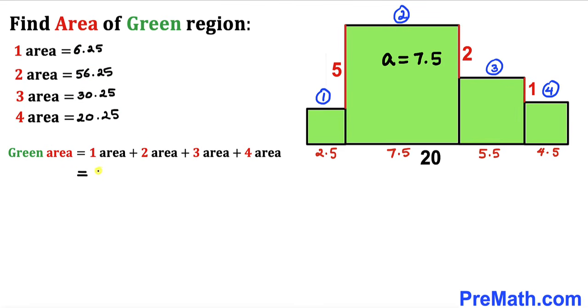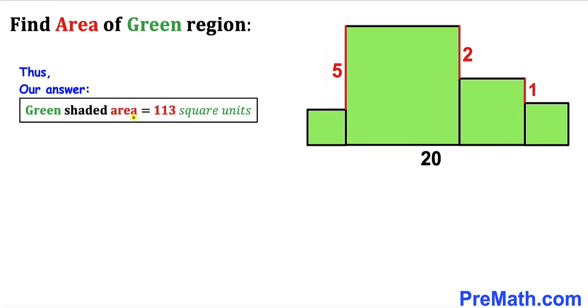So this is going to be 6.25 plus 56.25 plus 30.25 and plus finally 20.25. And if we add them, that is going to be equal to 113 square units. So thus our total green shaded area turns out to be 113 square units.